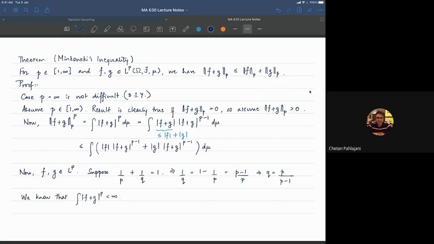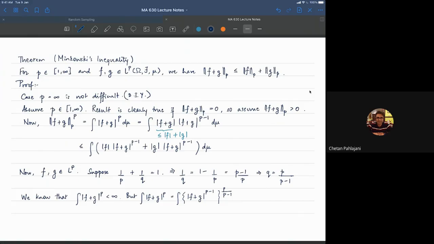But let's see what this is. The integral of |f + g|^p equals the integral of |f + g|^(p-1) to the power p/(p-1). Okay. Why is this true? This is true by laws of exponents.